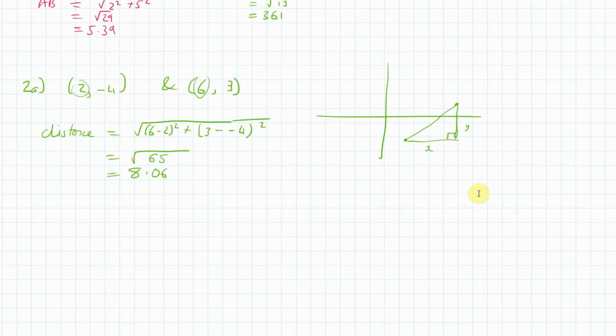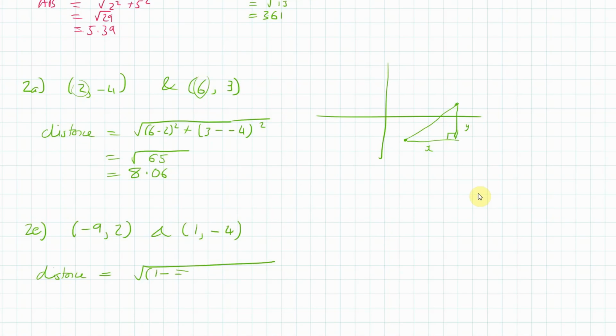Now you want to get to the stage where you don't need to do a drawing. So let's do another example. Let's say we're 2e. So for 2e, we've got negative 9, comma 2, and 1, comma negative 4. Now, the distance between these points is going to be equal to the square root of, and we'll find the distance between the x values and square it. So 1 minus negative 9. So the distance between those x values is 10.